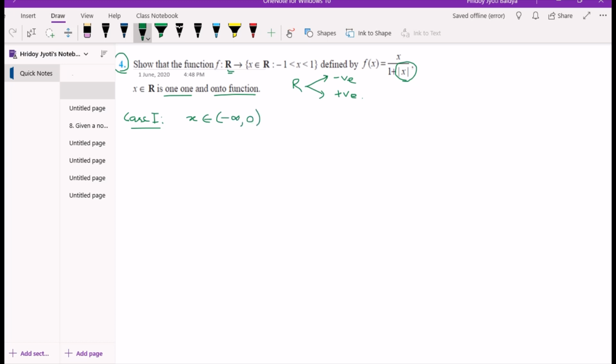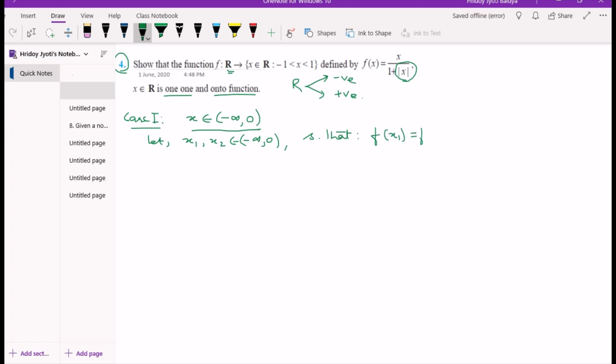For showing it to be one-one, let x1, x2 belonging to this subdomain, minus infinity to 0, such that f of x1 is equal to f of x2.